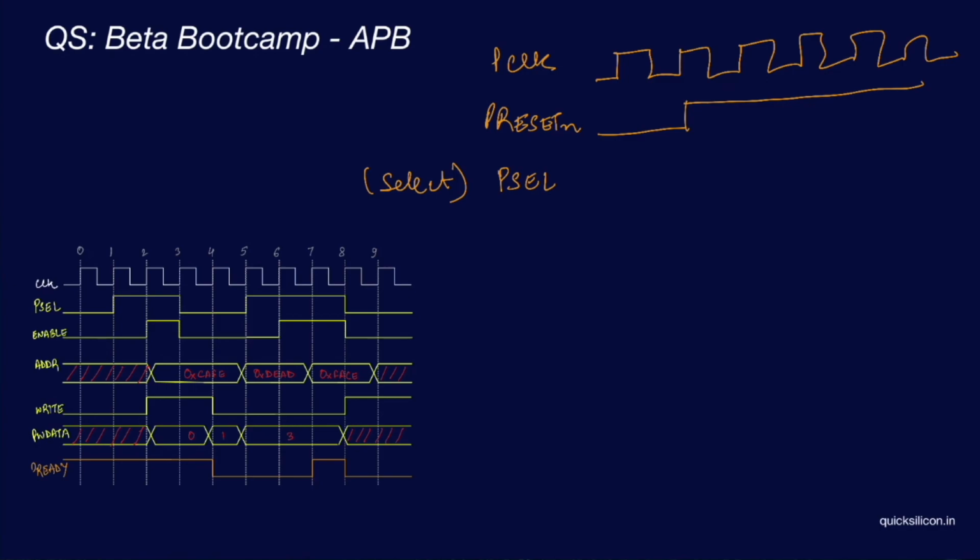That is why this signal is replicated n number of times, where n is the number of slaves implemented. So this would be n minus 1 down to 0, and each slave gets its own copy. For example, slave 0 will be connected to PSEL 0, and similarly slave n would be connected to PSEL n.